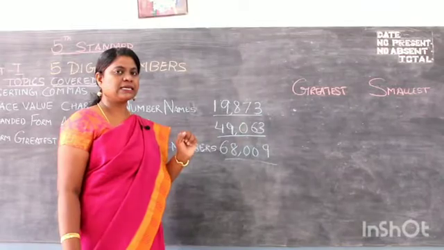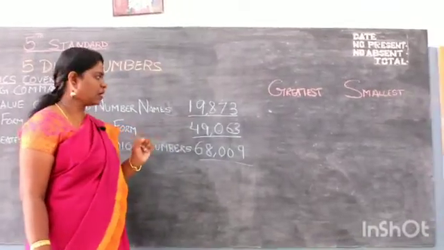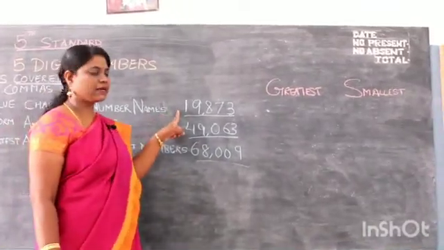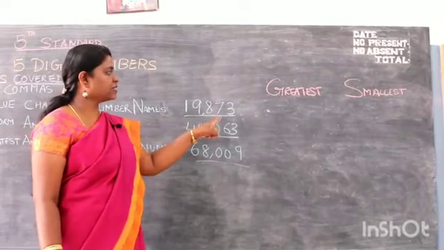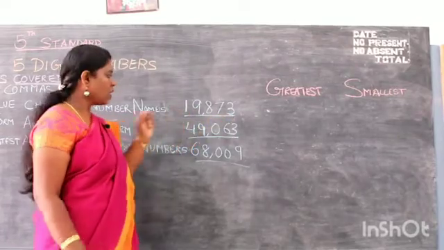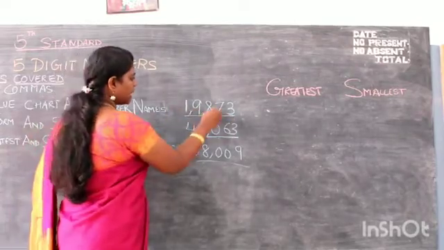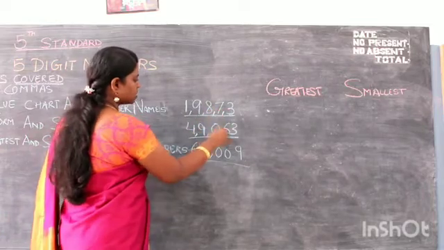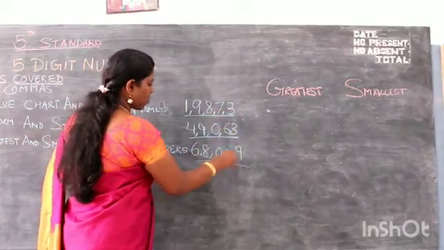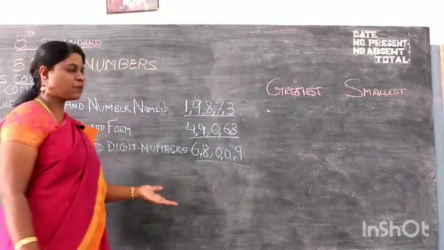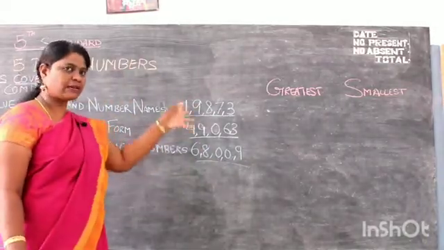The first number that I have taken here is 19873, because these are just digits. We are going to form the greatest and smallest number using these random digits.